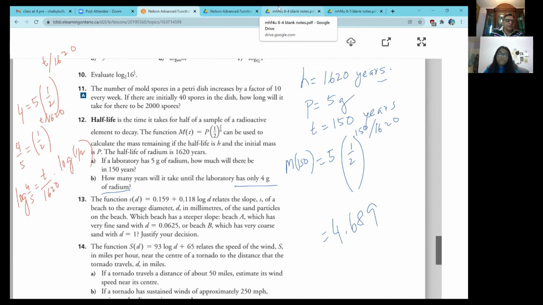Let me write down t as equal to, cross multiply, 1620 times log of 4 over 5 divided by log of half. Use a calculator to calculate. You get the idea? So you can use a calculator and find this answer, and that will give you the answer for part B. Is that clear? Okay, so let's move on.